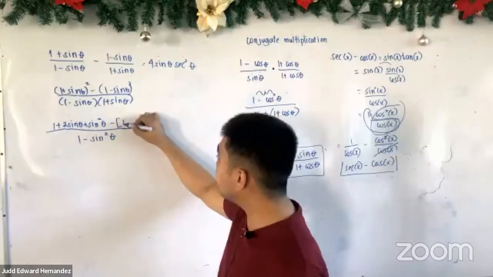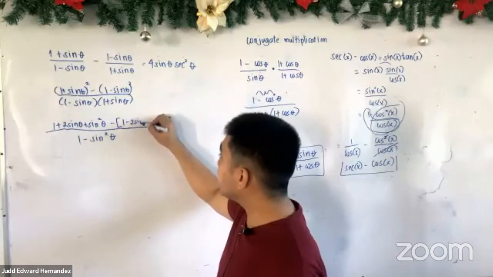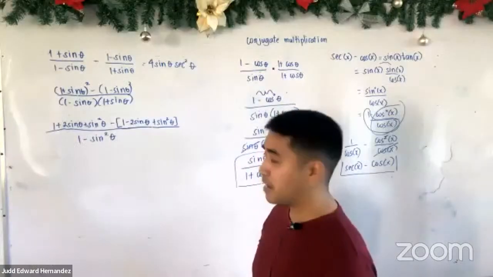Opo, sir. Minus. Expand natin to. This becomes 1. This becomes minus 2 sine theta. Tama? Sine squared theta. And that is the expansion.